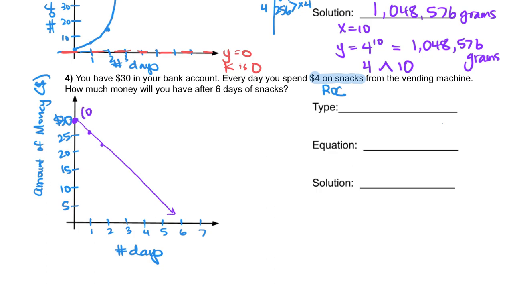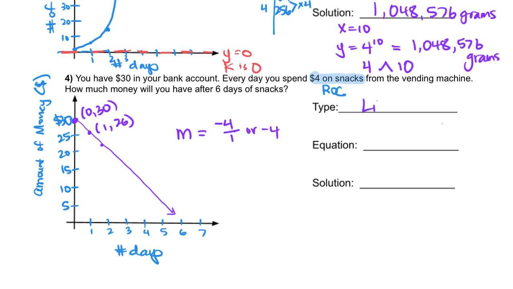So we know that this point would be 0, 30. This point would be 1. And then if we take 30 minus 4, that is going to be 26. So we can use any of those points when writing our graph, but we should know that our slope, or our rate of change, is that we're decreasing $4 each day. So our slope is going to be negative 4 over 1, or negative 4.